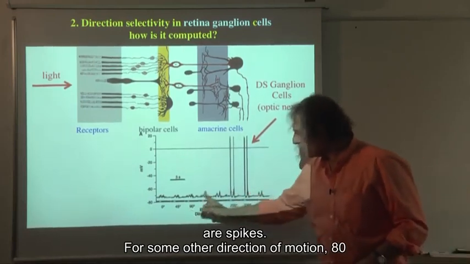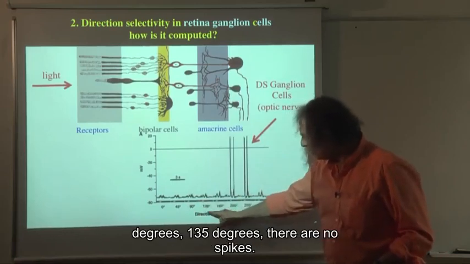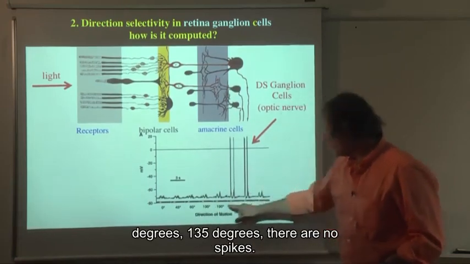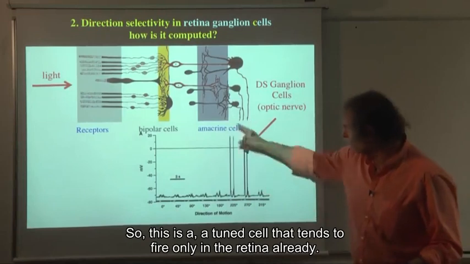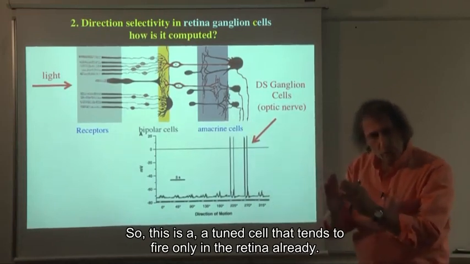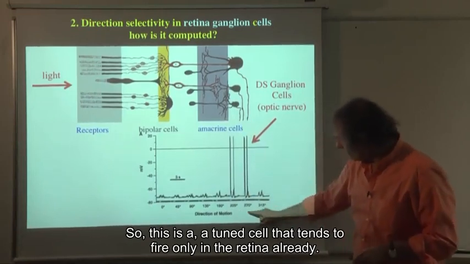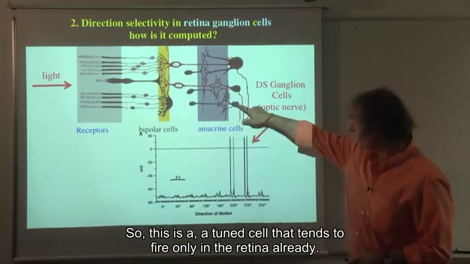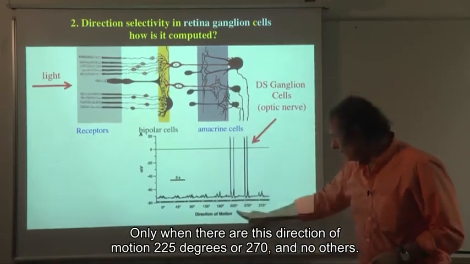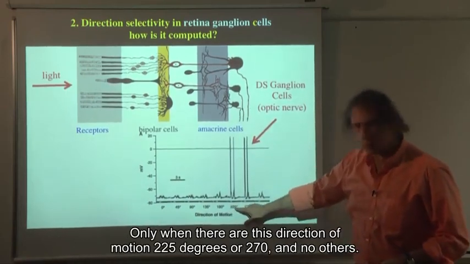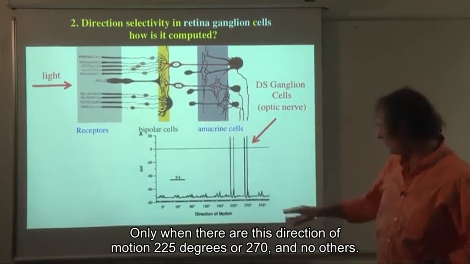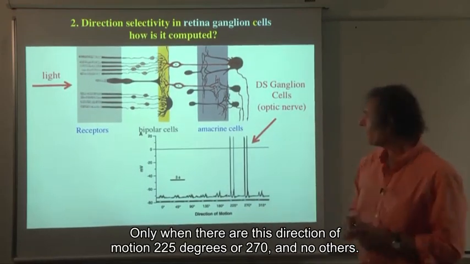For some other directions of motion, 180 degrees, 135 degrees, there are no spikes. So this is a tuned cell that tends to fire only when there is this direction of motion, 225 degrees or 270, and no others.